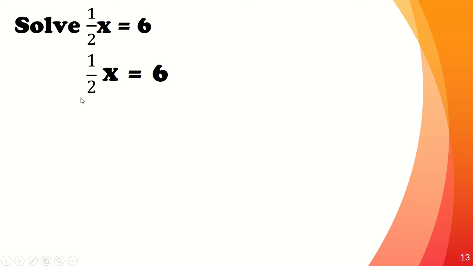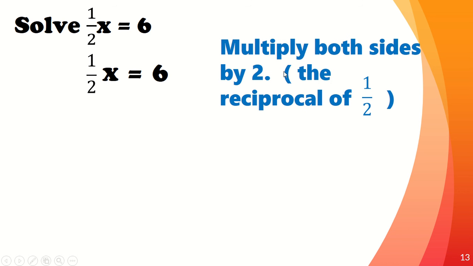But since we are dealing with fraction, di ba, when we divide a fraction, we get the reciprocal of the fraction, then move to multiplication. So in this case, multiply both sides by 2. Why? Because the reciprocal of 1/2 is 2. So 1/2 x and 6 will be multiplied by 2. So, ibig sabihin ng parenthesis na yan, multiplied by 2.